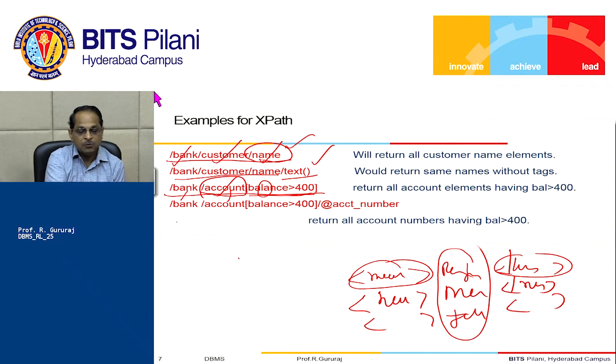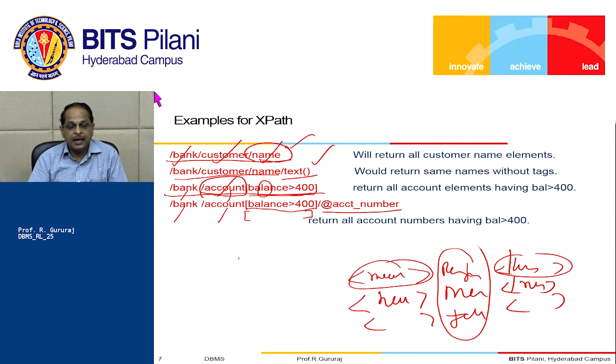The next one, if I wanted to get the account number of those accounts where the balance is greater than 400 rupees, I can use this syntax. Under the bank, go to account elements, check whether the balance is greater than 400 or not. Since it is a predicate, it is enclosed in square brackets. And in the next step, go to the account number attribute.